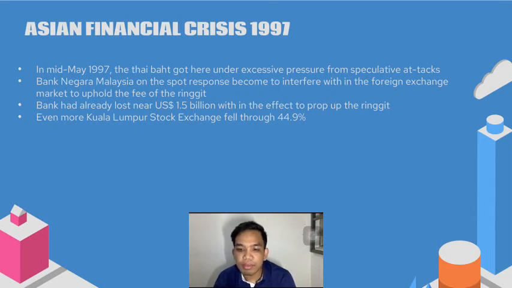As a result, the banking system started to experience the ride going down to thin lows. NPL, which according to Bank Negara data went from a modest 2.18% in June 1997 to 4.08% in December 1997, and then to 11.45% in July 1998.